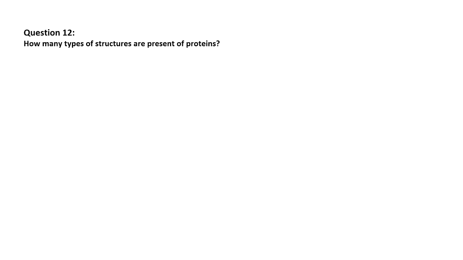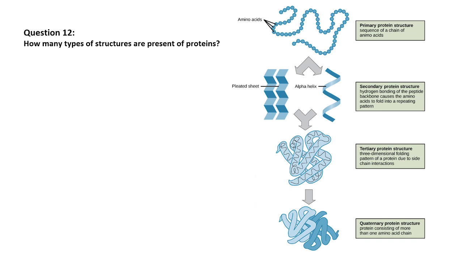So how many types of structure of the proteins are there? Anyone of you? Okay, there are four types of structure.